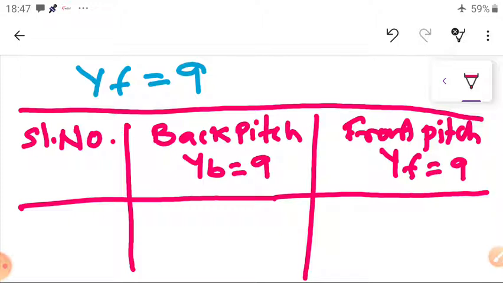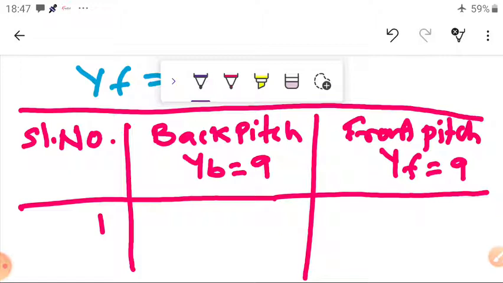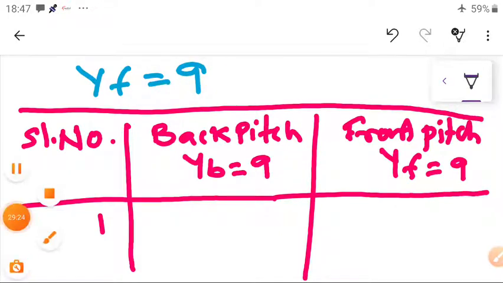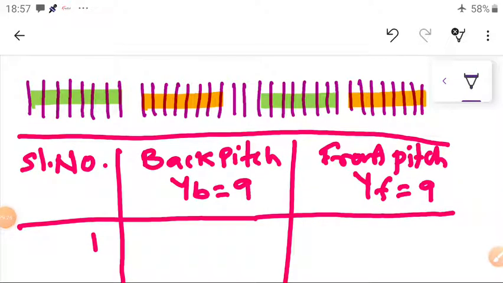Serial number 1. Now here I can represent the conductors 1, 2, 3, 4, 5, and so on up to the 34 conductors. For example, this is a north pole, this is a south pole, and then north pole and south pole.